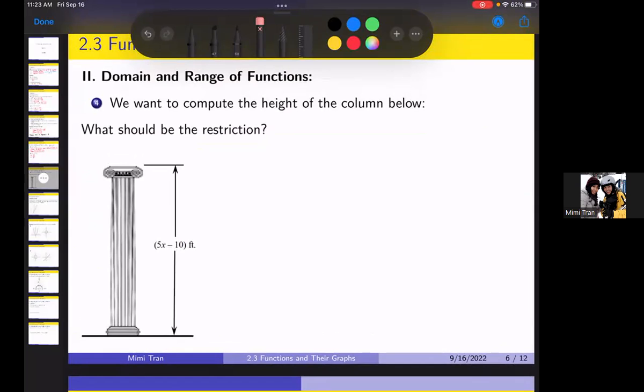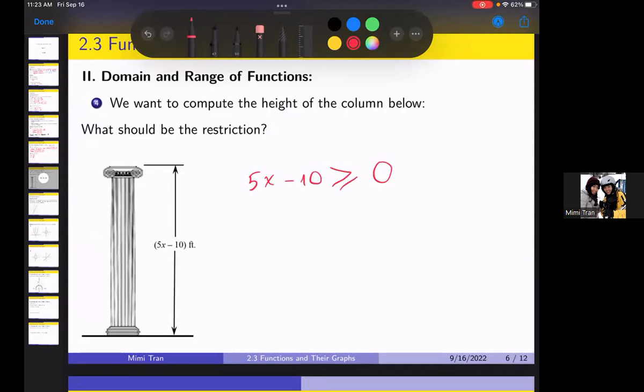Can't say I run like -2 miles, right? Can't say that. So the restriction here is that whatever length I'm giving you, because it's in variable, that means I can plug anything for x. Again, this is a polynomial. I can plug anything for x and it still makes sense. But because this is an application, 5x minus 10 has to be greater or equal to 0.